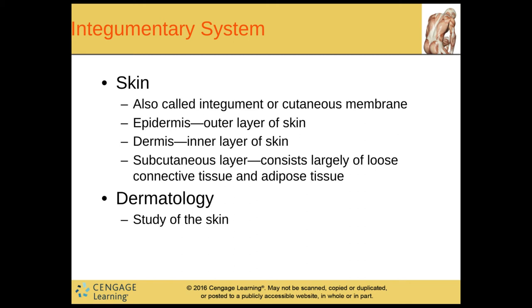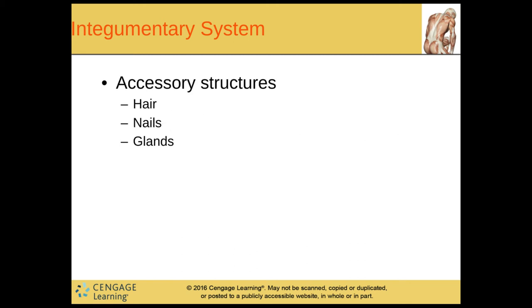As skinny as somebody can be, they still have subcutaneous layers, so it's kind of that fleshy part of the skin. If somebody studies dermatology, if somebody's a dermatologist, that's the study of the skin. And then we have accessory structures that go along with our skin, which is hair, nails, different types of glands, things like that. Okay.